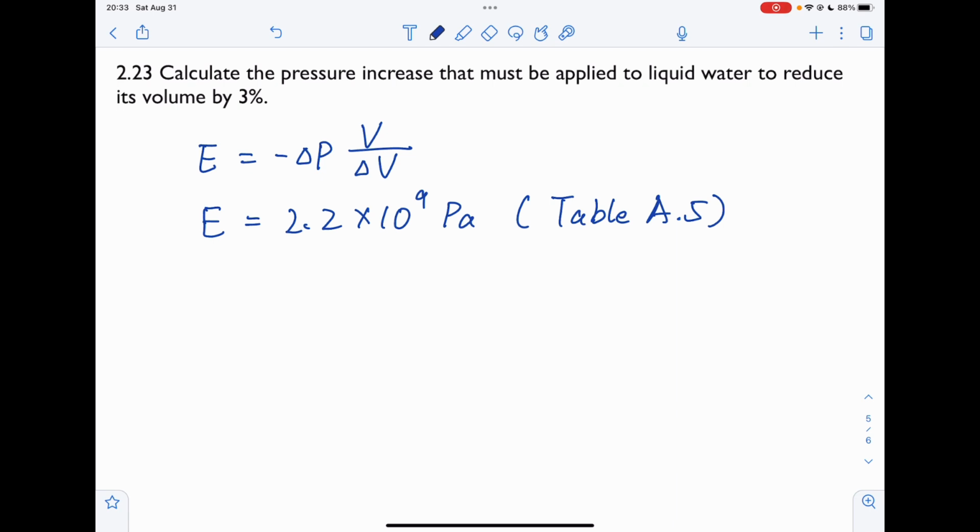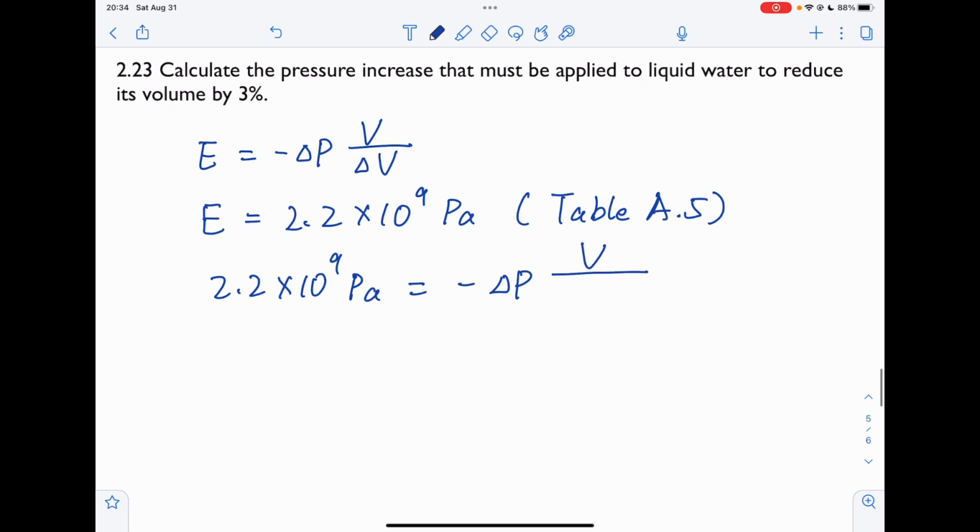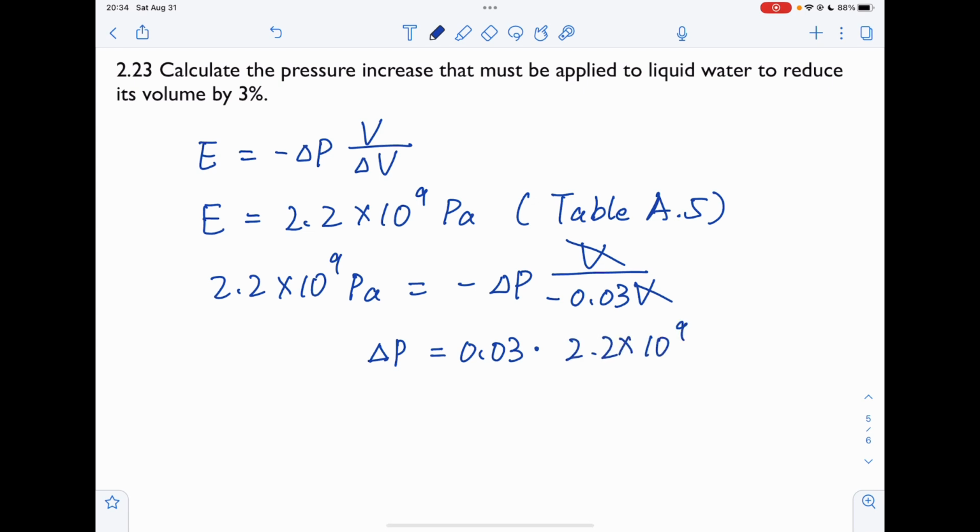Then you plug numbers in: 2.2 times 10 to the power of 9 Pascal equals minus delta P times V over minus 0.03 V. So you cancel out the V and find your delta P, which will be 0.03 times 2.2 times 10 to the power of 9, which is 6.6 times 10 to the power of 7 Pascal.